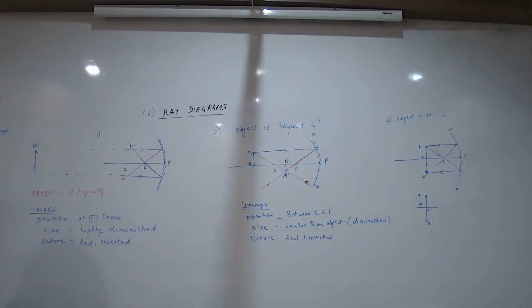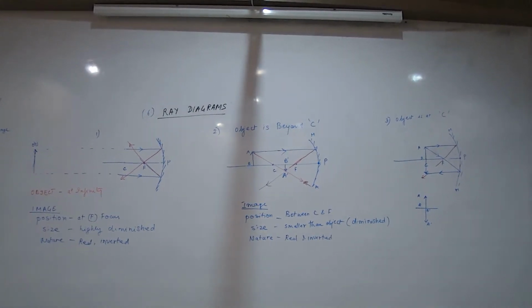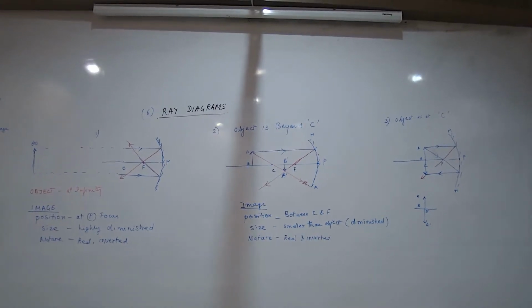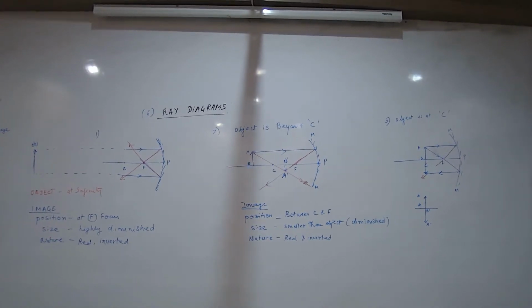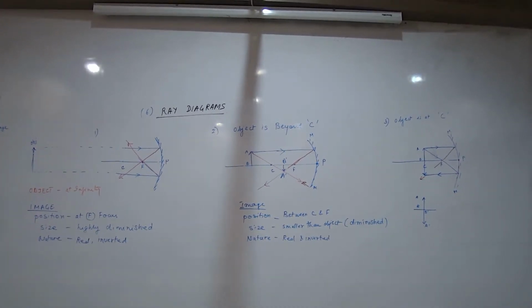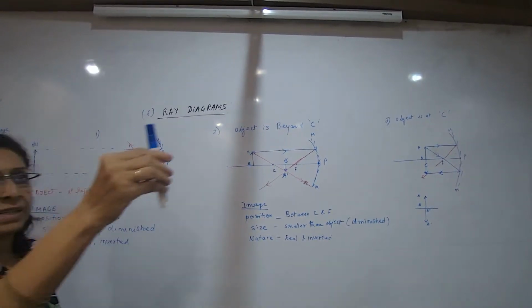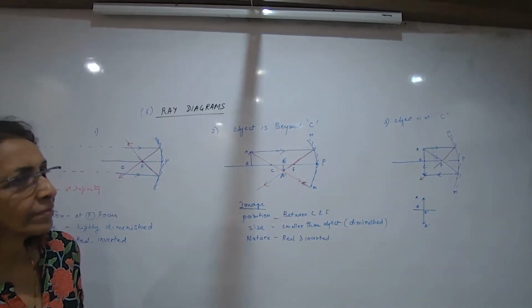What else did you notice about the image? Size, same size. If the object is 3 centimeter, this will also be 3 centimeter. Is it inverted? Yes, it is inverted. If this is your object, this is your image, inverted.